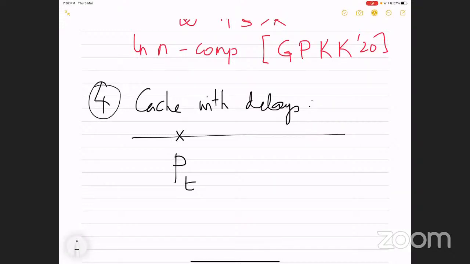But in caching with delays, I give you a time window, and I tell you that this page has to be brought into the cache sometime during this time window. So you don't have to bring the page in right now. Maybe you bring it at this point of time.